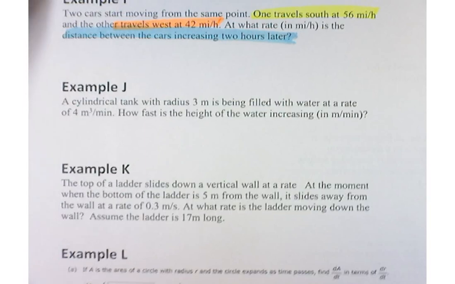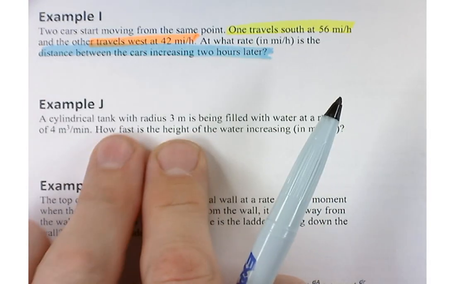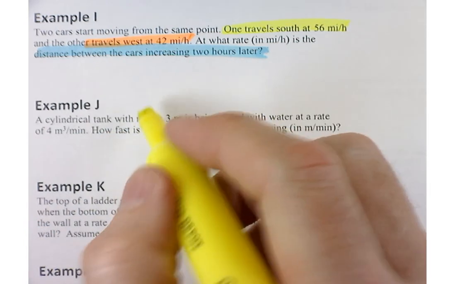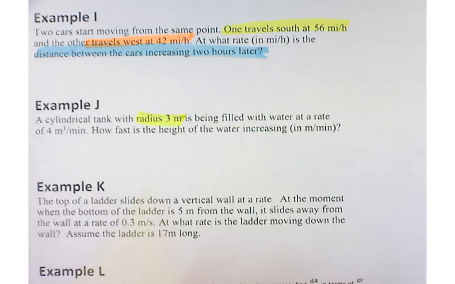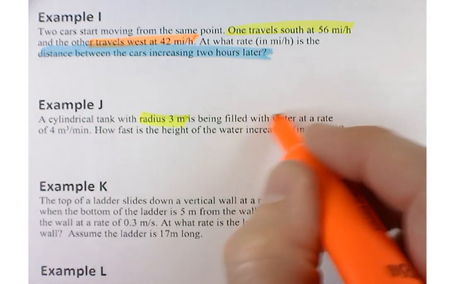So, okay. A couple things to think about here. You've got a cylindrical tank with a radius of 3. It's being filled with water at a rate of 4 meters cubed per minute.